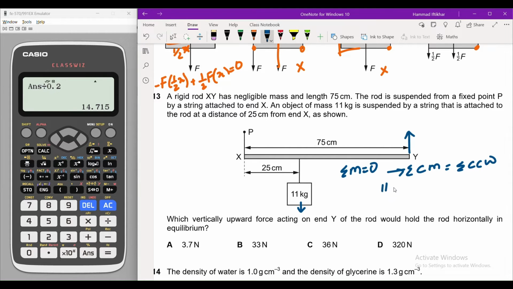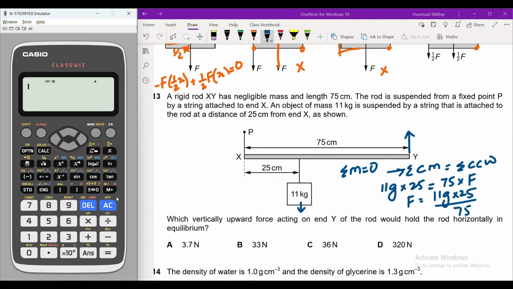So 11g times 25 equals 75 times, let's say, F. So F would be 11g times 25 divided by 75. So 11 times 9.81 times 25 divided by 75. This comes out to be 35.97.